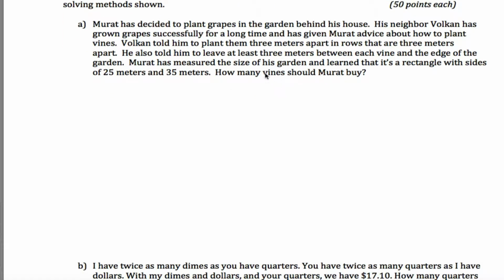So the idea here is that you've got a garden, and it's a rectangle, and the sides are 25 meters by 35 meters. So, wow, it's not a rectangle. So maybe there's 10, 25, 10, 20, 25, by 35 meters.